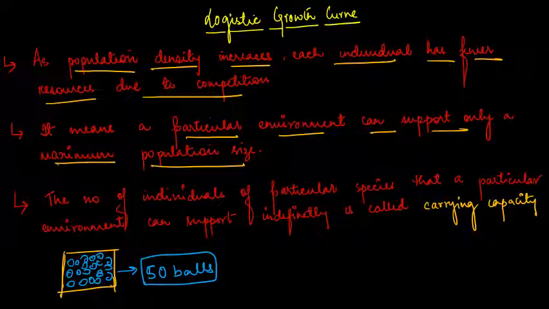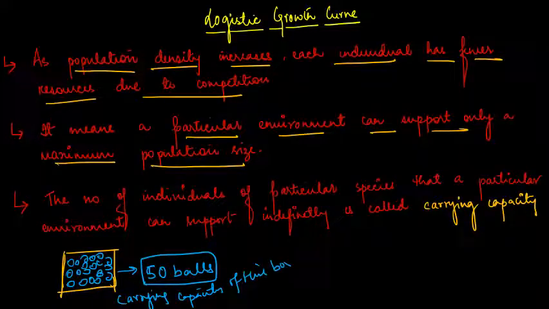The carrying capacity means to withstand population to its maximum ability. If we see this box, it can hold only 50 balls, not more than that. So we can say that the carrying capacity of this box is 50.